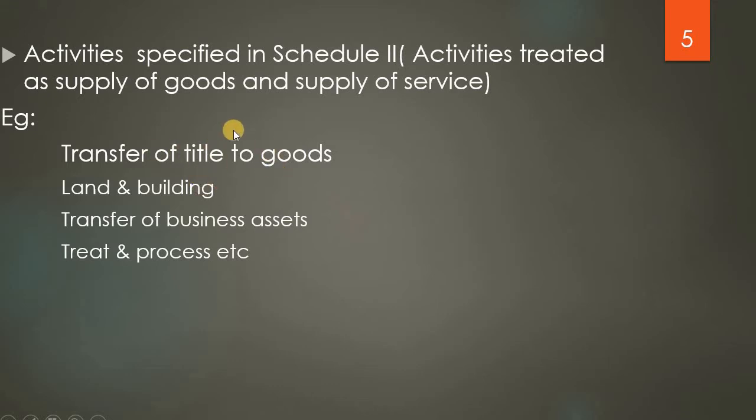But if you are transferring the right or share in goods without transferring the title, then it is considered as service. Likewise, land and building. If you are giving the land on lease, rent, tenancy, or license, then it is considered a supply of service specifically. Then again, if you are leasing or letting any building for business or commerce purposes, again it is treated as service.